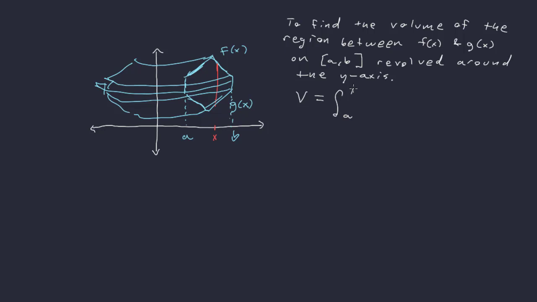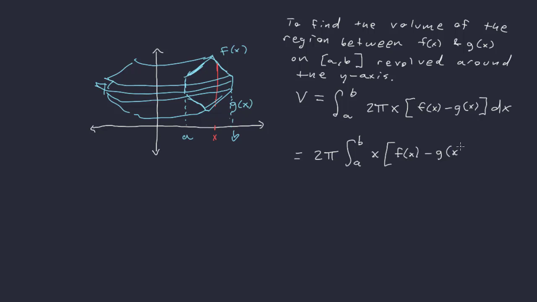It's the integral from a to b of 2 pi x times f of x minus g of x dx. Okay, so it's often written with the 2 pi on the outside. So 2 pi integral from a to b of x times f of x minus g of x.